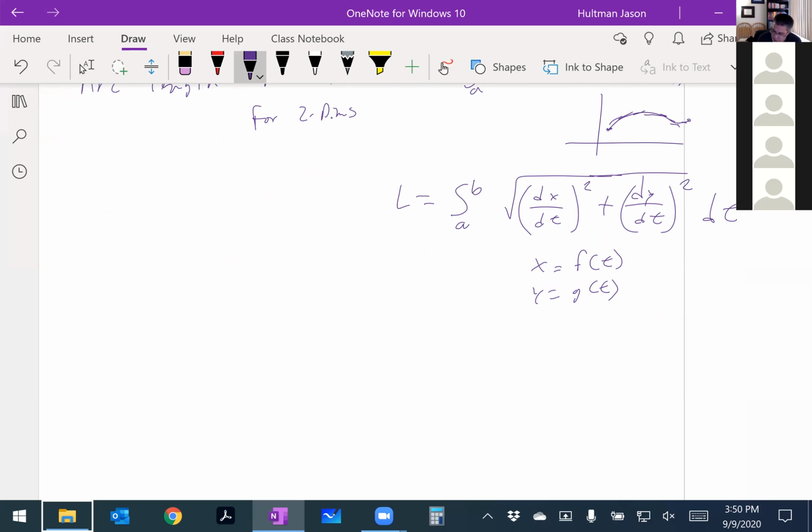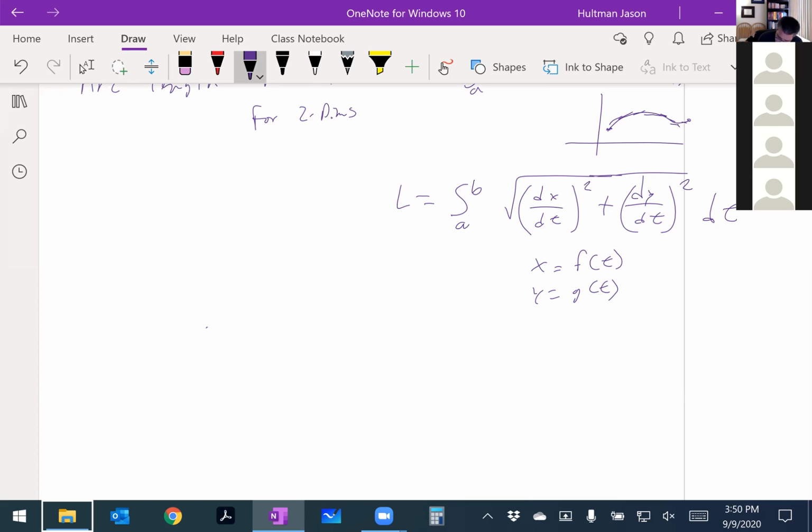In 3 dimensions, we now have an x, y, and z, and so we need to just add another dimension here.